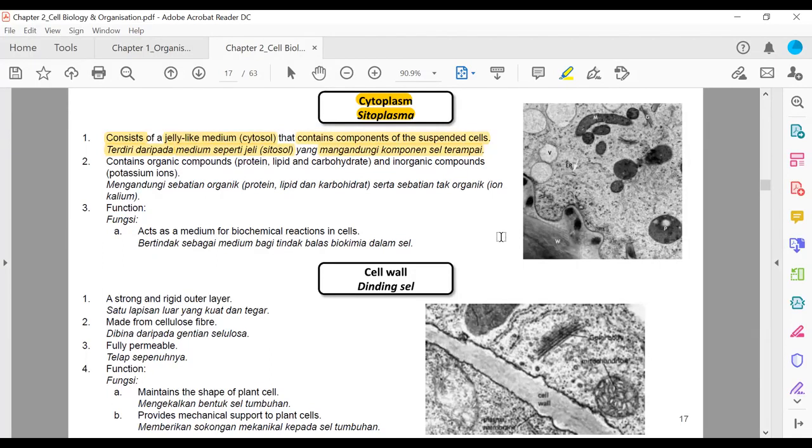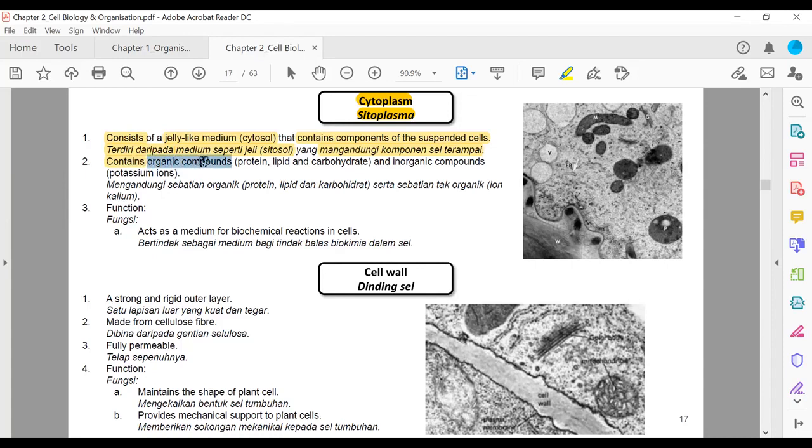Medium ni bermaksud bahan. So cytoplasm terdiri daripada satu bahan yang seperti jelly. So this jelly is called cytosol. Dan dalam jelly inilah semua komponen sel, all the organelles are suspended, terampai, terapung-apung dalam cytosol, dalam cytoplasm. Okay, itu maksud dia.